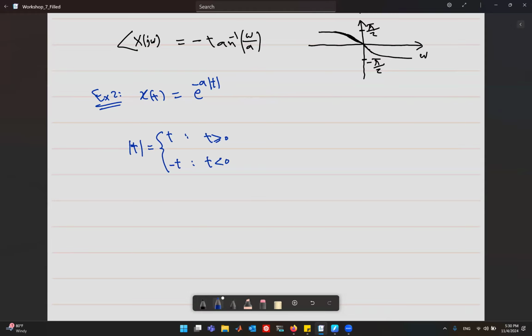So this can be written as exponential minus at when t is positive, and we get exponential plus at when t is negative.